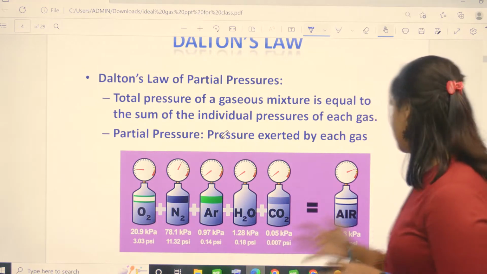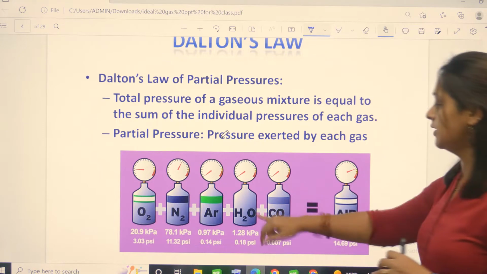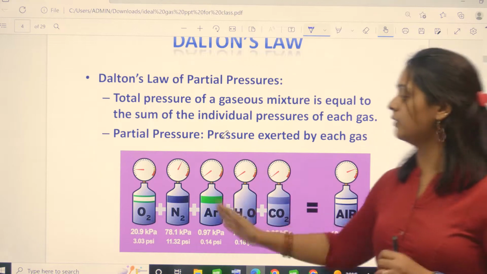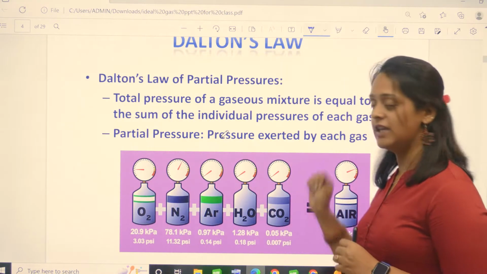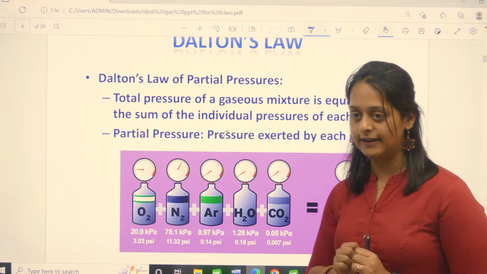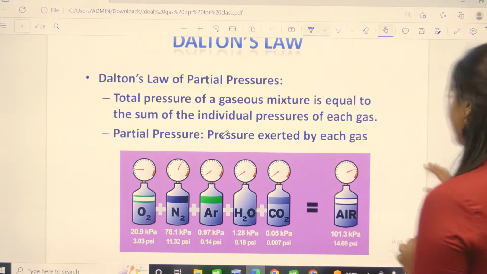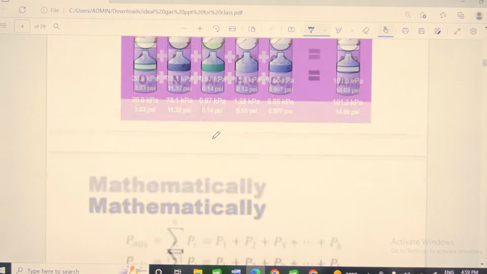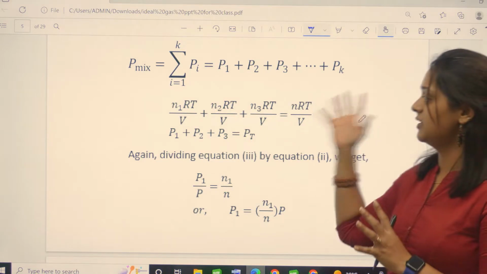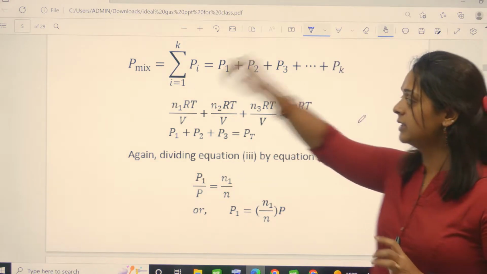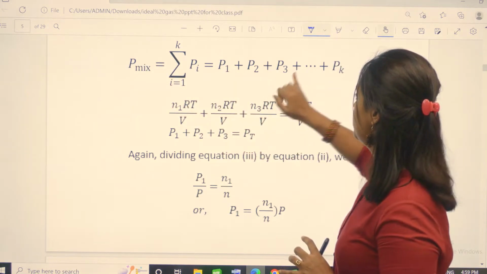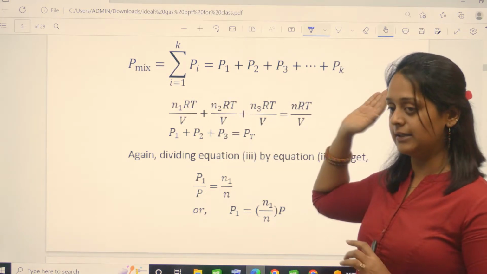So the total pressure is the sum of the individual pressures of each of the gases present in that composition. That is how I defined Dalton's law. And when I saw the expression mathematically, the total pressure was equal to P1 plus P2 plus P3, and so on for however many gases are present.